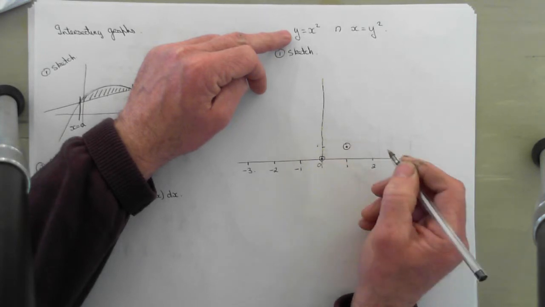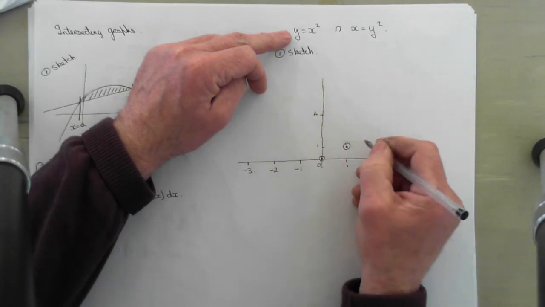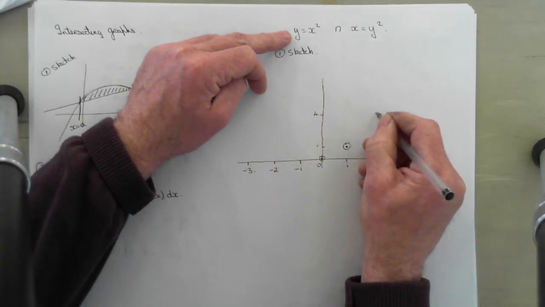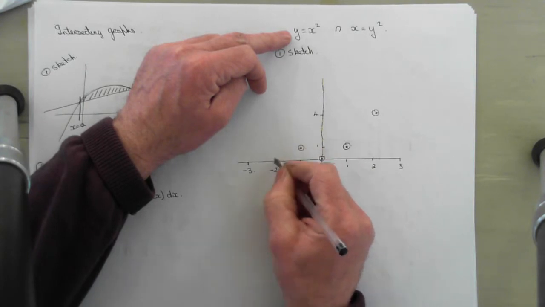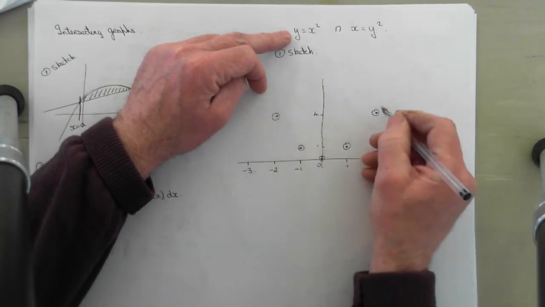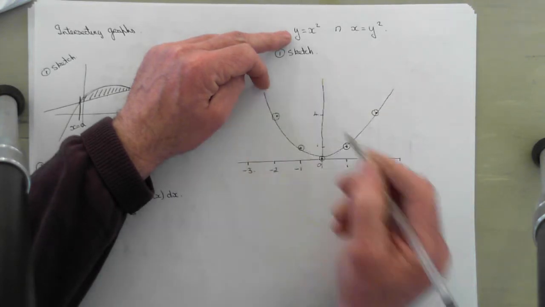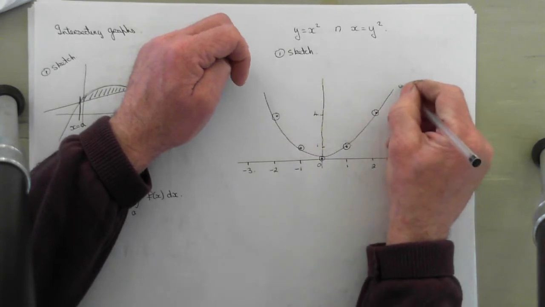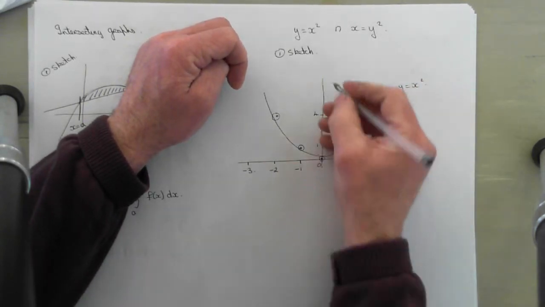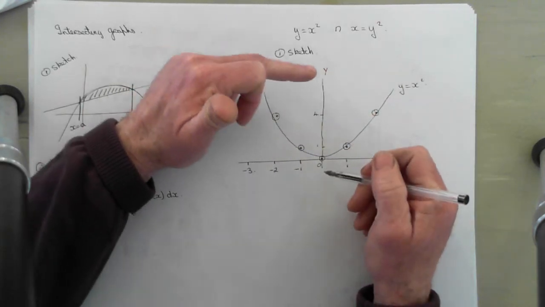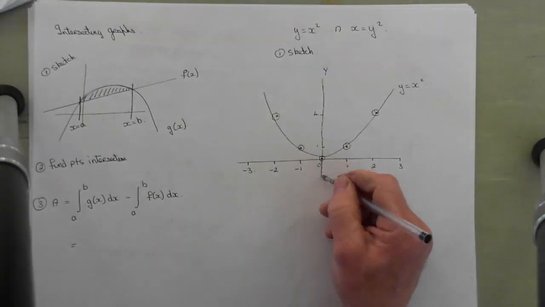When x is 2, what's y? When x is minus 1, what's y? And when x is minus 2, what's y? There's the graph y equal to x squared. It is symmetrical about which axis? The y-axis.